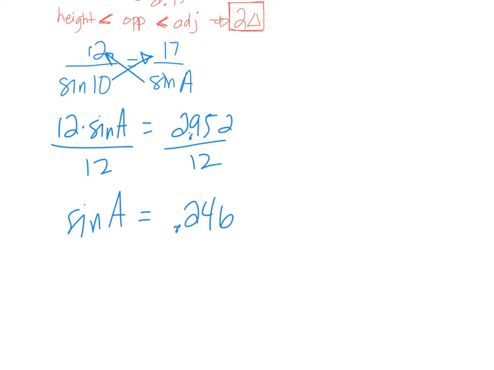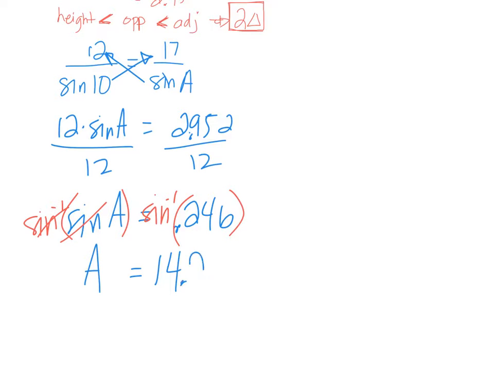And now we get rid of the sine by taking the inverse sine of both sides. And we find out that angle A has a measure of 14.2 degrees.